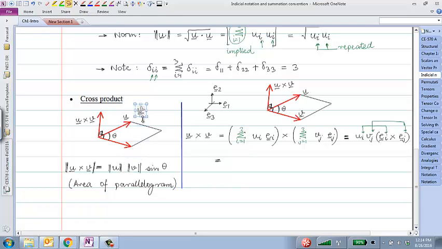Technically, if I'm drawing it the way I should, u here, v here, then u cross v gives me a vector perpendicular out of that plane.